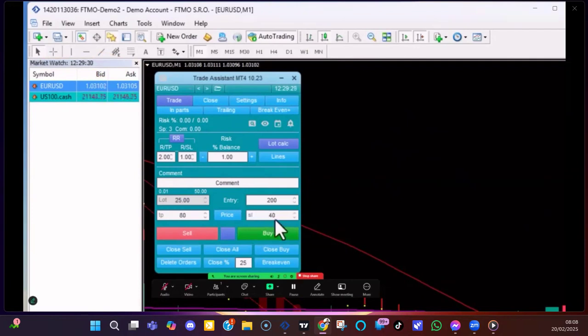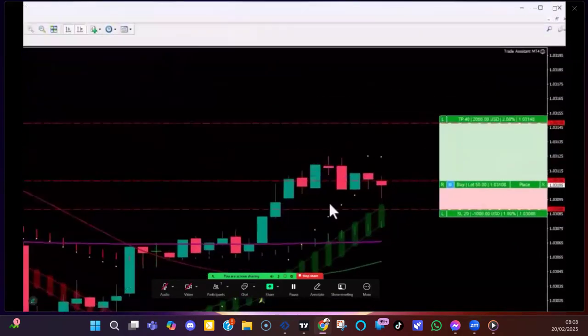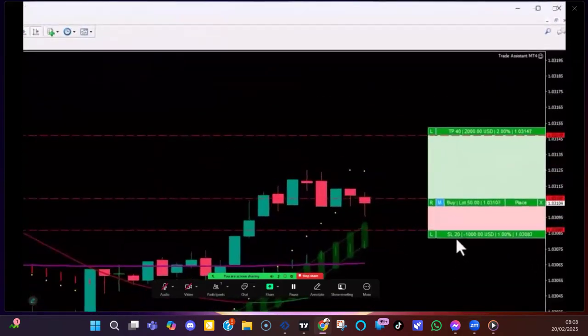In this example it's Euro USD, but it could be Euro GBP or any currency pair. So let's just put that back to 20 for our 2 pips. We'll click off here, and now we'll just put the lines on so that you can see that is showing us 2 pips over here on the actual tool, ready to actually get involved with a trade if that's what we were going to do.